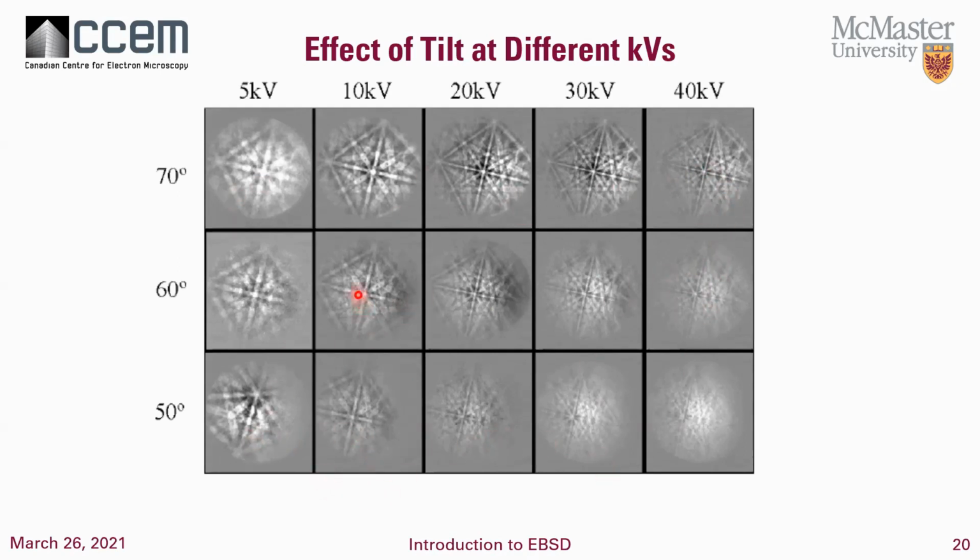You can see that maybe a slightly lower angle at lower kV may be a little bit better. But generally, we're working at 70, so it seems to work with all the kVs. And generally, 20 kV is what is most commonly used for doing EBSD. So we can collect a nice pattern at 70 degrees.